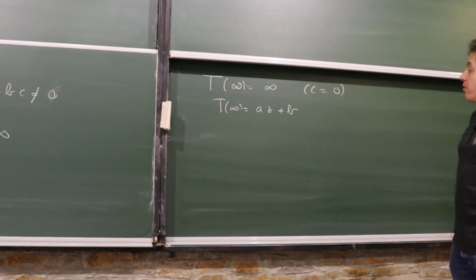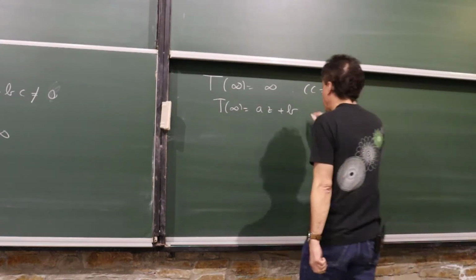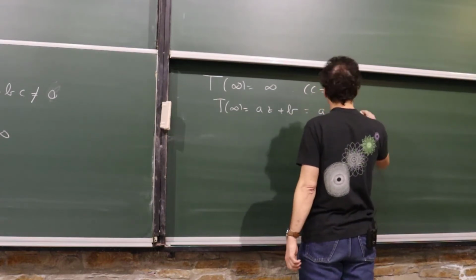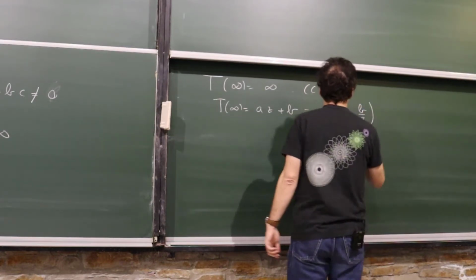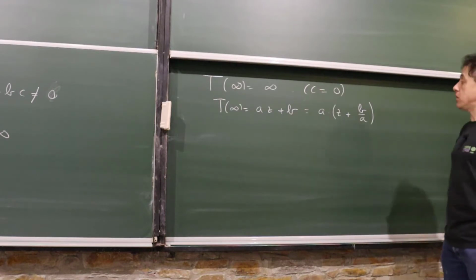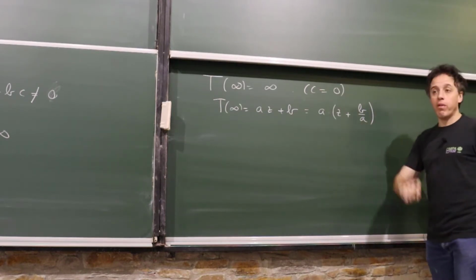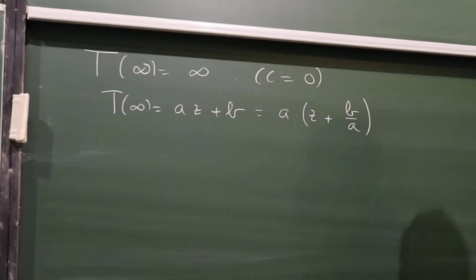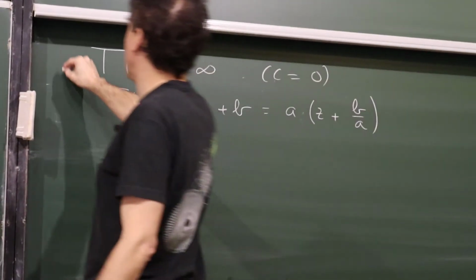This can be written as A times Z plus B over A, and this is a composition of a translation with a homothety. So in this case, we are done.